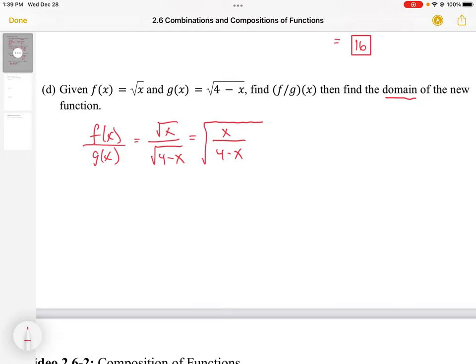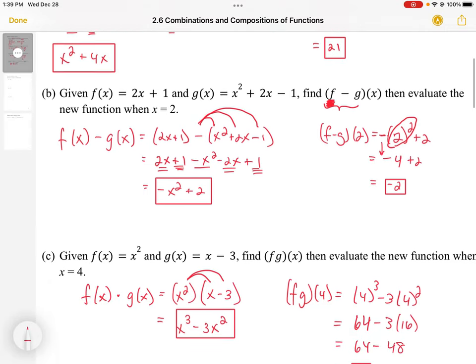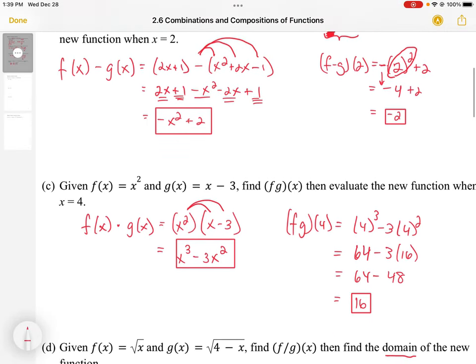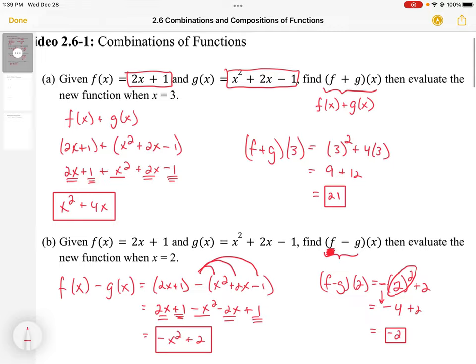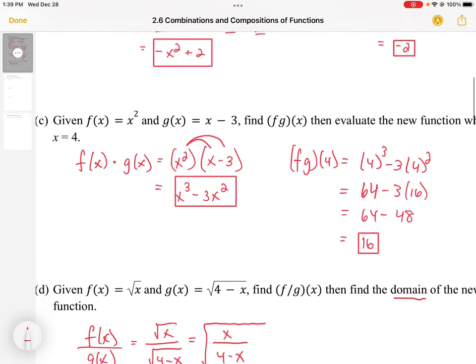So the domain for all of these functions for part A, part B, and part C, our sum of two functions, our difference of two functions, and our product of two functions, the domain is simply the x values that are common to both domains that are being combined.